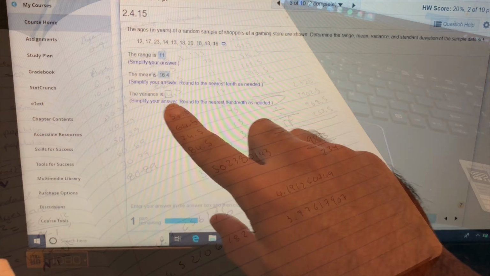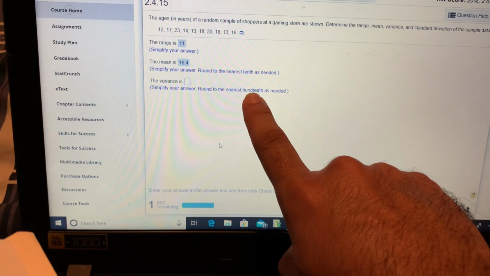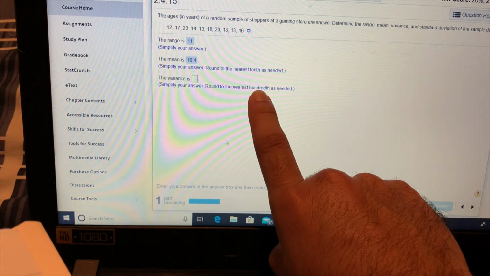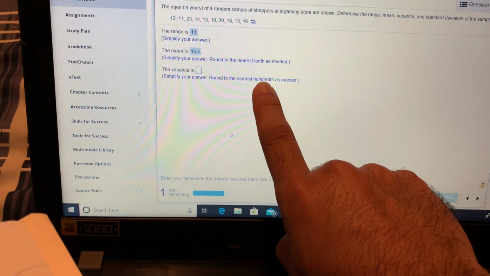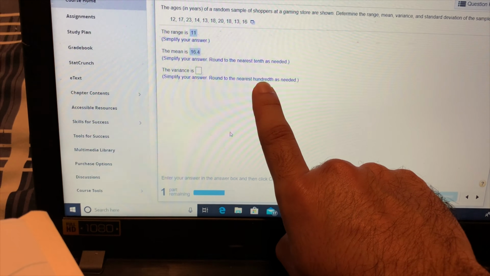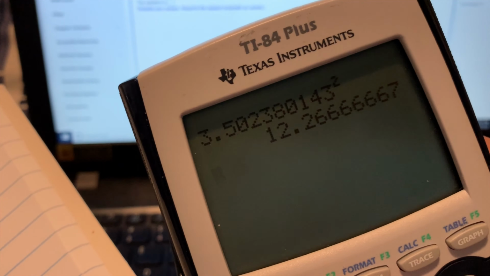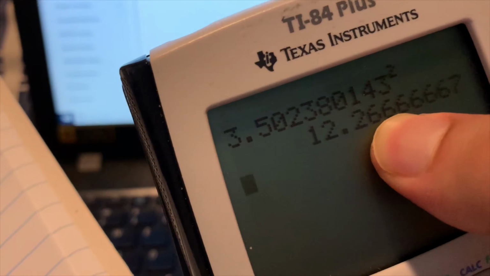You have to read carefully, and it says round to the nearest hundredth, and the hundredth is gonna be the second number to the right-hand side of the point or dot. We have tenth and then hundredth. So if we have here 12.26, the first 6 is gonna be our hundredth.